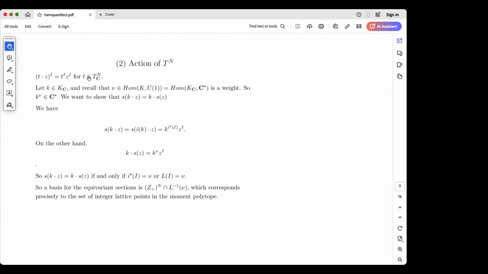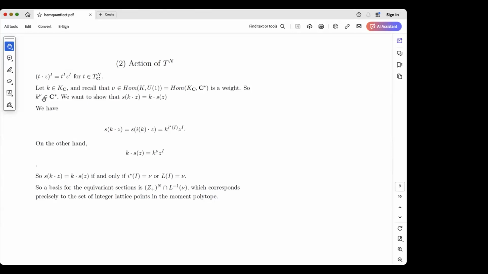This is for little t in the complexification T_C to the capital N. Let k be in K sub C and recall that nu, which is a homomorphism from K to U1, is included in hom of K_C to C star. That's a typo, it shouldn't be equals, it's included in. This is a weight.